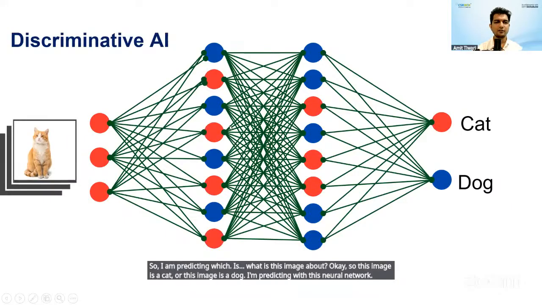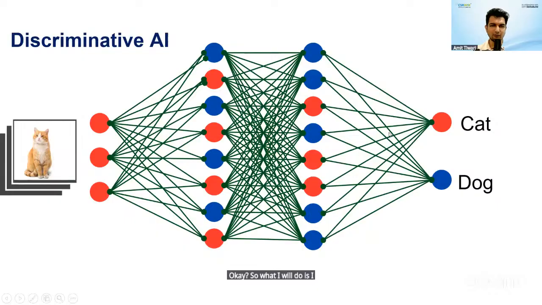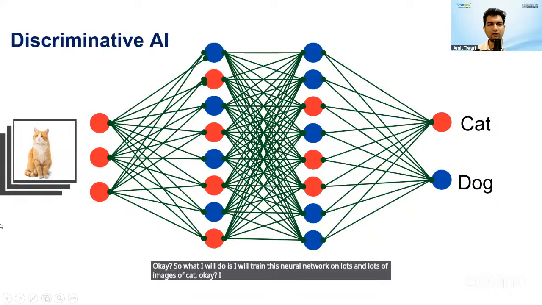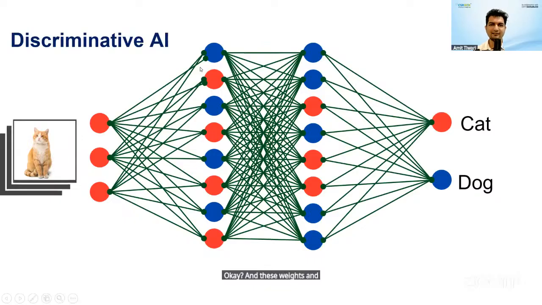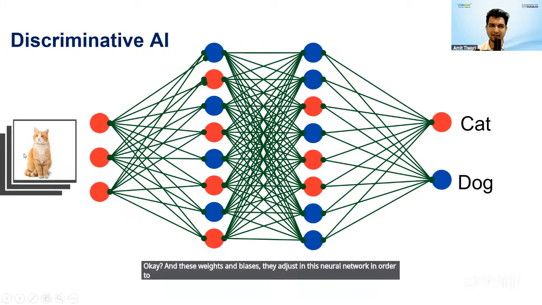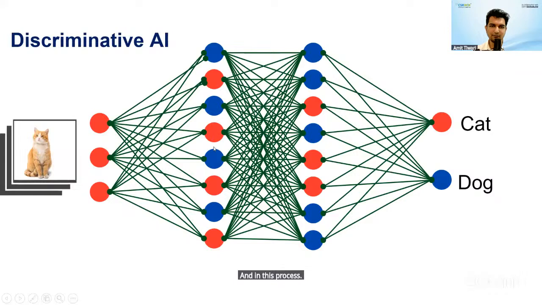I will train this neural network on lots and lots of images of cats. I will show lots and lots of images of cats as input to this neural network, and these weights and biases adjust in order to predict cat. I say that all these images are cats, and in this process, these weights become more important.